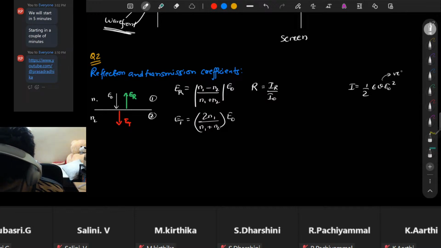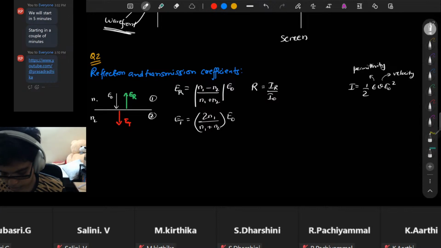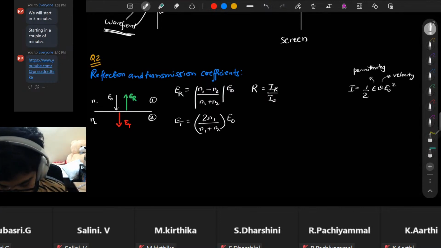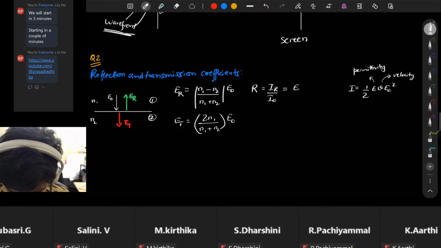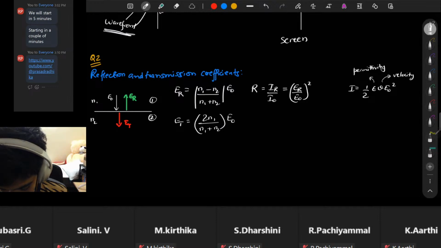So this ratio will come out to be simply ER over E0 squared. So this is N1 minus N2 over N1 plus N2 whole squared.